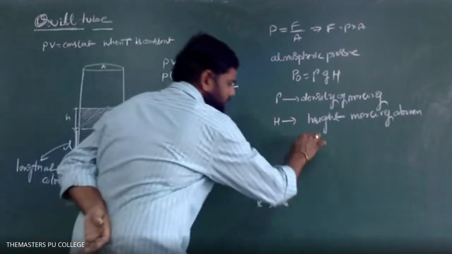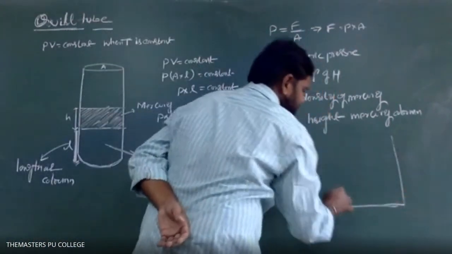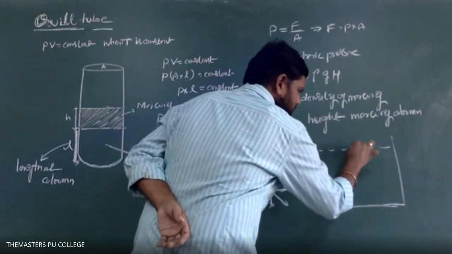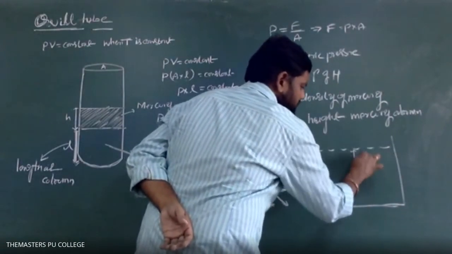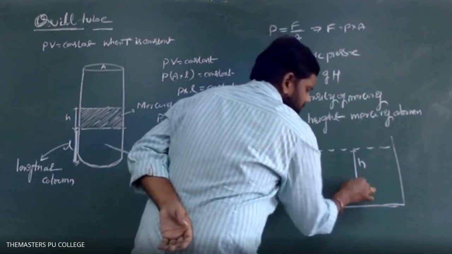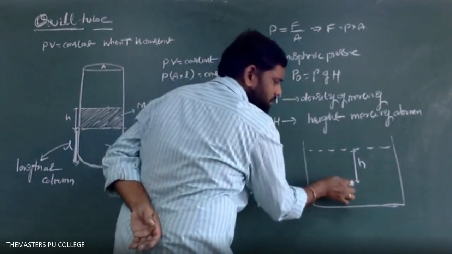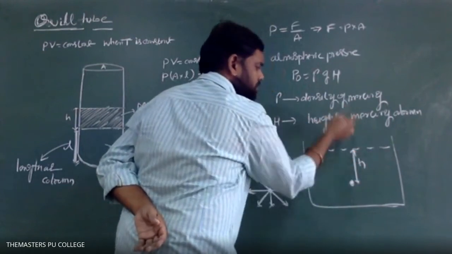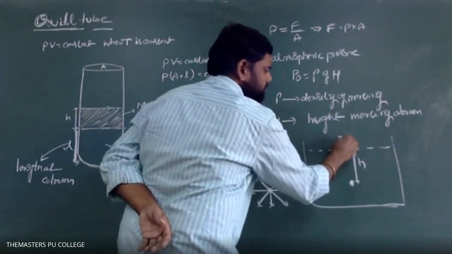For example, take a bucket of water. Here I have considered a small point at a small depth h below the surface. What is the pressure at this point? It is the pressure due to this water column of height h, and above that there is atmospheric pressure P naught.